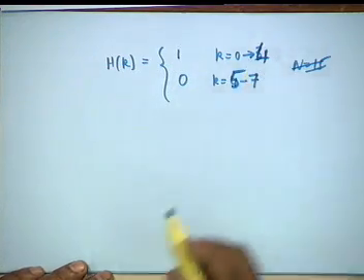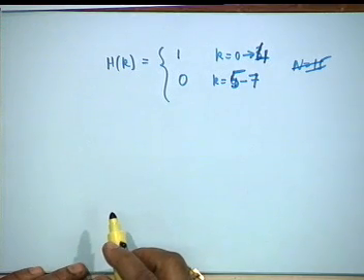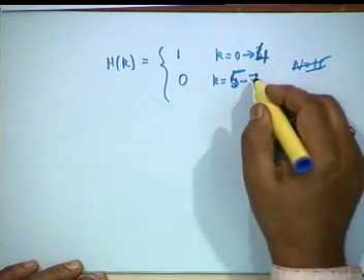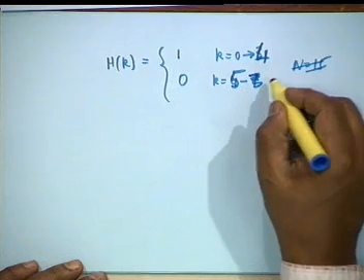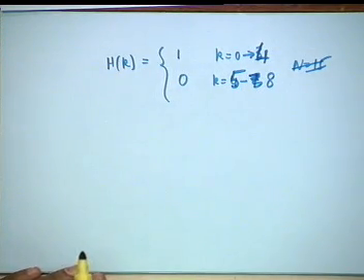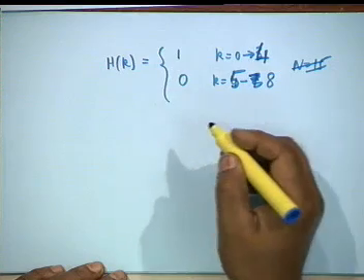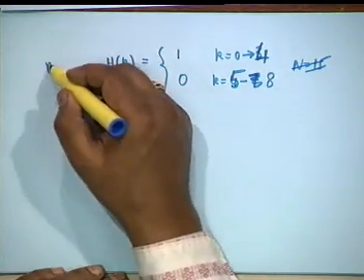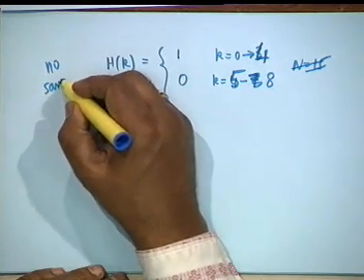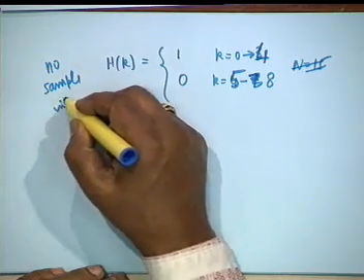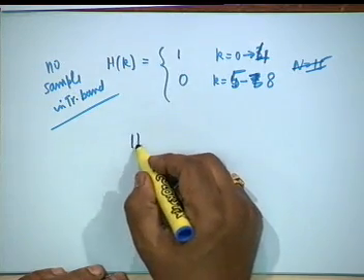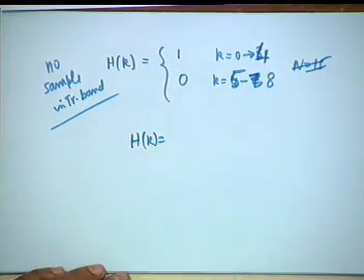So, it will be 5 to whatever you want, okay, not 7, let us say 8, 5 to 8, okay, because we will introduce samples here. Then if you use no sample in the transition band, or if you use one sample in the transition band, you have to do this carefully.